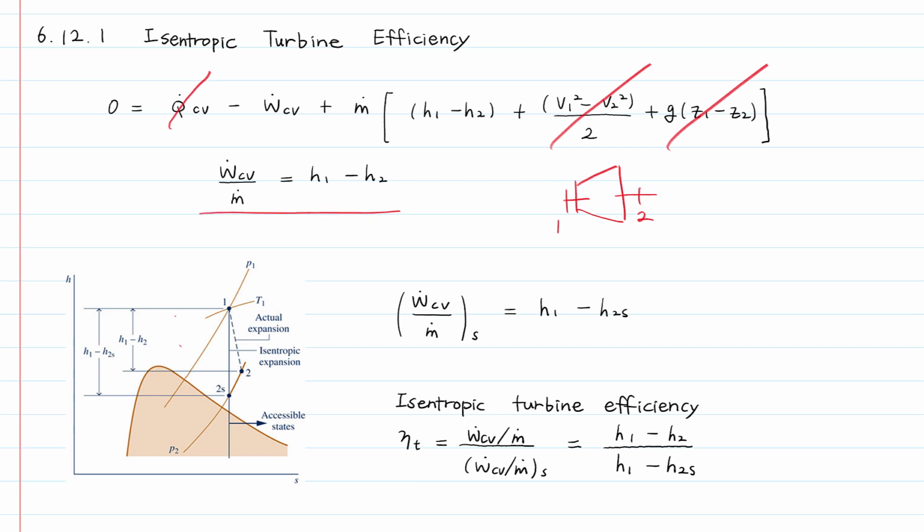The isentropic efficiency of a turbine is defined as the ratio of the actual work output to the isentropic work output. So the isentropic efficiency, eta for turbine, is defined as the ratio of actual work output to the isentropic work output.